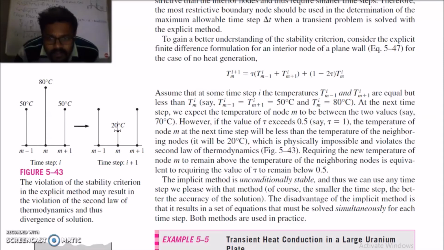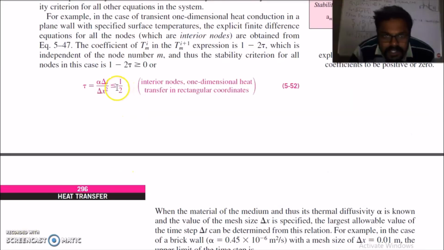So requiring the new temperature of node m to remain above the temperature of the neighboring nodes is equivalent to requiring the value of tau to remain below 0.5. This means your Fourier number can't be 1, it should always be below 0.5, so that the temperature at node m always remains above the neighboring nodes at any time step, which is the same as we specified here, that tau should be less than or equal to half.